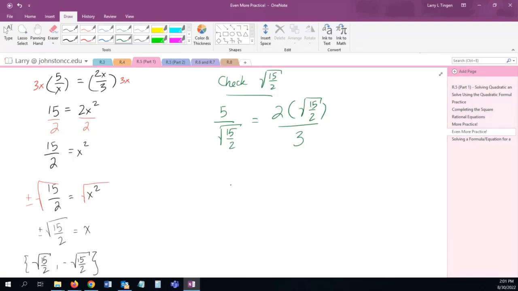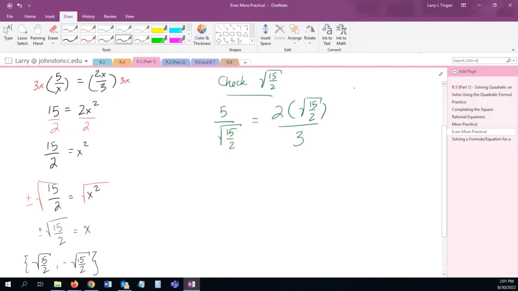Whenever I have variables left in this proportion, a fraction on the left and the right, you clear the fraction by multiplying by the LCD. Now I just have numbers, right?